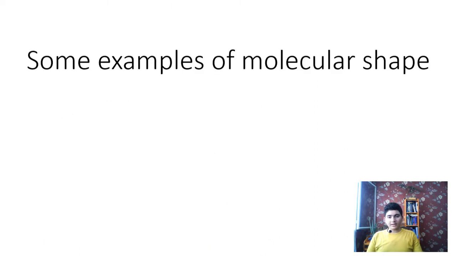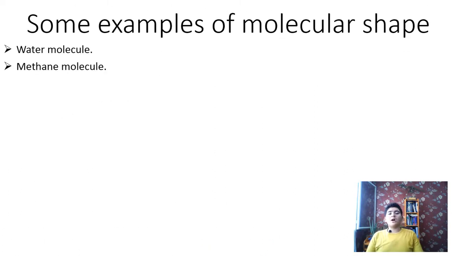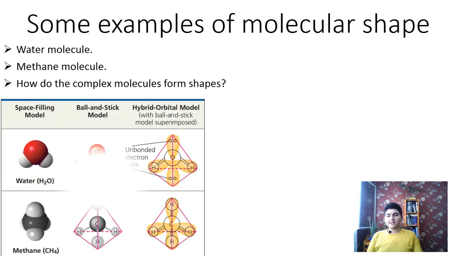For water molecules, two of the hybrid orbitals in the oxygen's valence shell are shared with hydrogen. Here is the molecular shape, that's what I was talking about, in this picture over here.